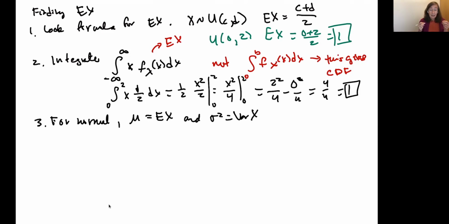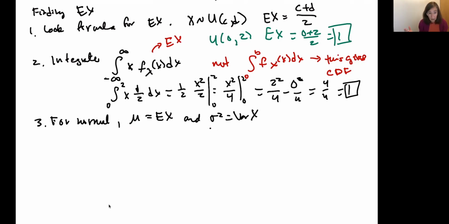That's how we tell ourselves which normal random variable we're looking at. So mu and sigma squared are like the C and the D for the uniform. Which normal random variable are we looking at? And we can just see those parameters right in the PDF.